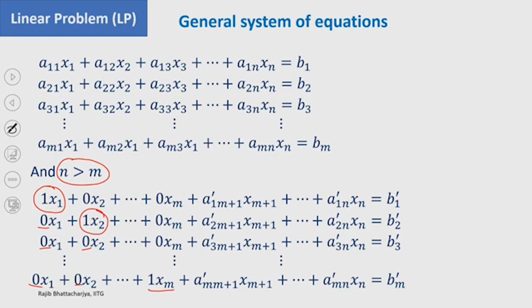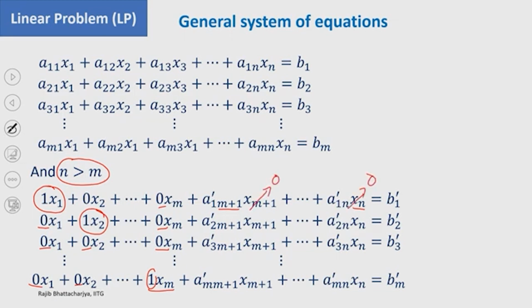We have a total of m equations, and for the mth equation the coefficient of x m is 1 and for the other equations it is 0. So, one possible solution is, if I consider x 1 to x m as basic variables, and from m plus 1 to n as non basic variables.